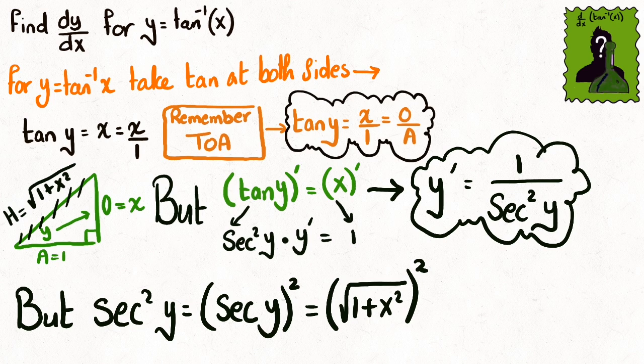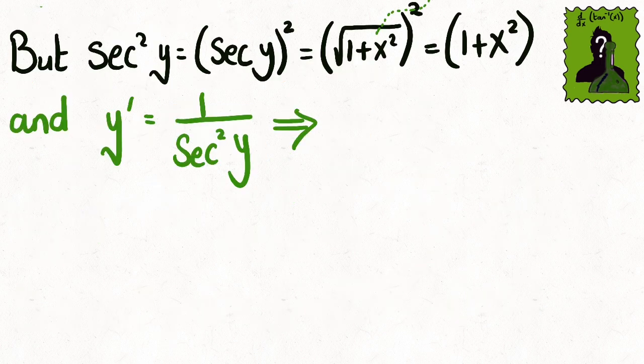We keep in mind that we square it. Thus if we square it, the square root will vanish. Thus dy by dx will be actually 1 over 1 plus x squared, without the square root.